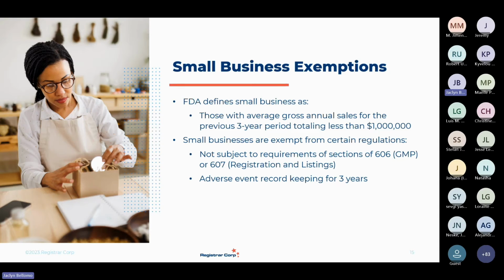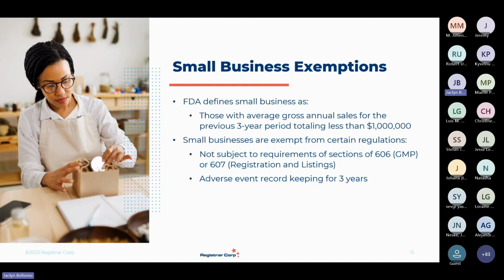Small businesses that do not engage in manufacturing or processing of certain cosmetics, which we'll talk about next, can be exempt from certain regulations that are included for product listings, registration listings, and GMP. And then again, they will only have to maintain adverse event record keeping for 3 years. These exemptions are intended to help make sure that small businesses are able to grow in the United States.